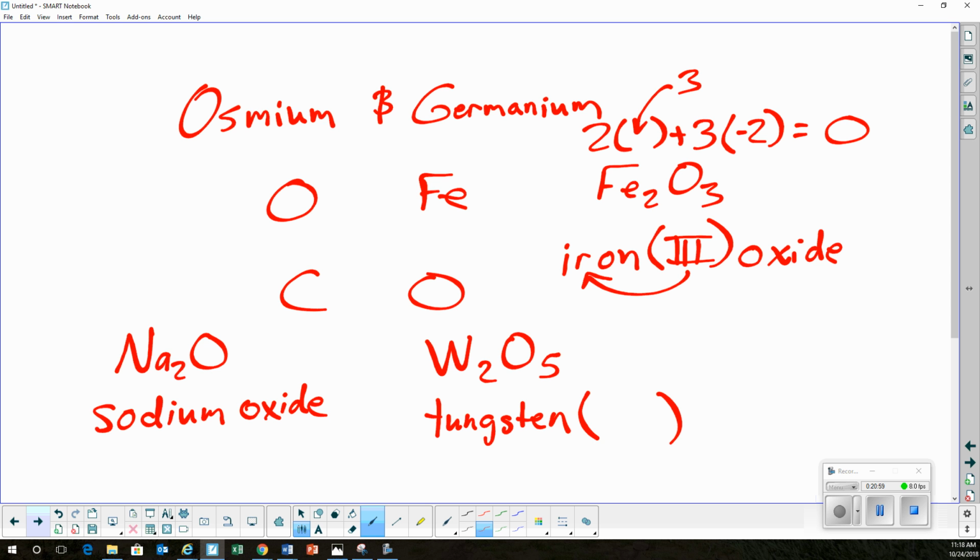How do I end it? Oxide, okay. How do I figure out the Roman numeral? Well, oxygen's a -2, and I have 5 of them, plus 2 times some number also has to equal 0. So this has to be 5, right? So Roman numeral for 5 is a V.